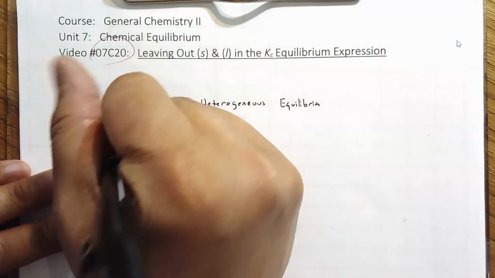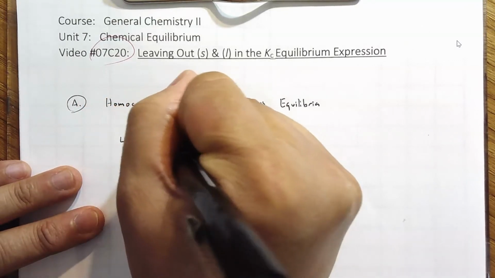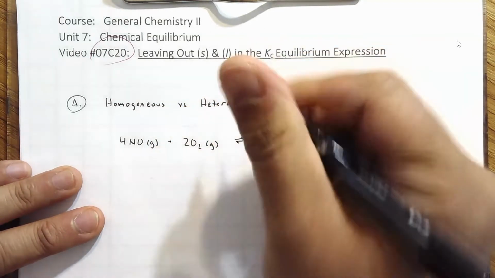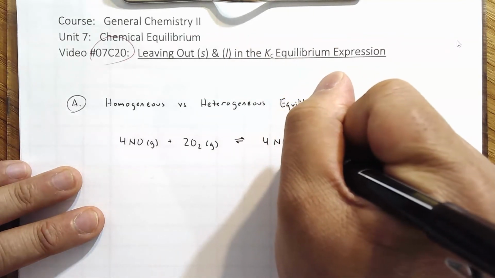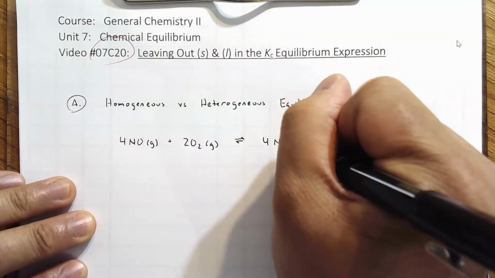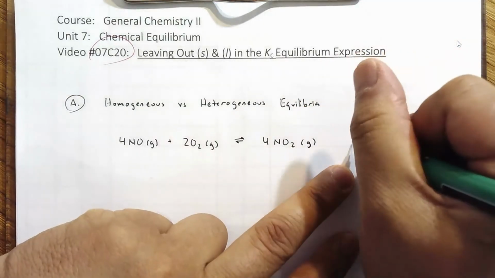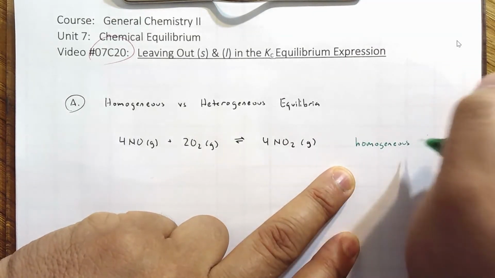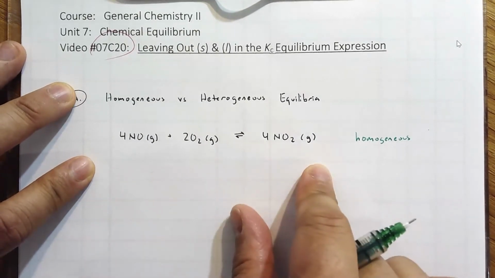So for instance, 4NO gas plus 2O2 gas in equilibrium with its product 4NO2 gas. Balance this. That is homogeneous. Everything is a gas. But if everything was aqueous, it would be homogeneous. Or if everything was liquid, it would be homogeneous.